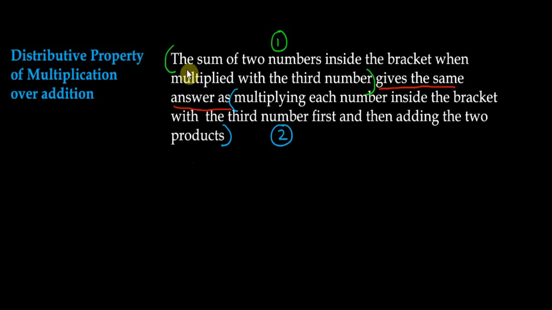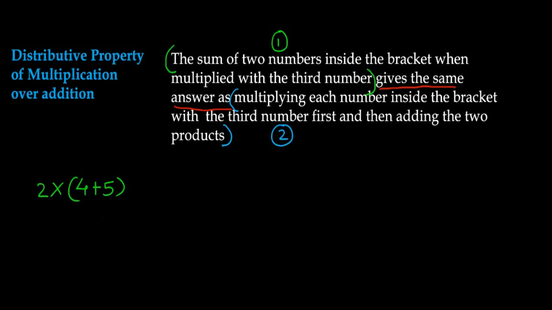The first part says the sum of two numbers inside the bracket when multiplied with the third number. So let's say the sum of two numbers is 4 plus 5 inside the bracket. When multiplied with the third number, let's say the third number is 2, and we have to multiply the sum of 4 and 5 by 2.